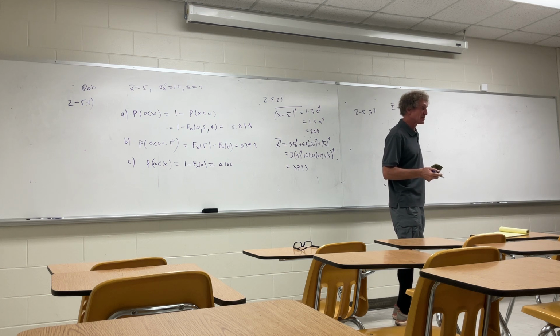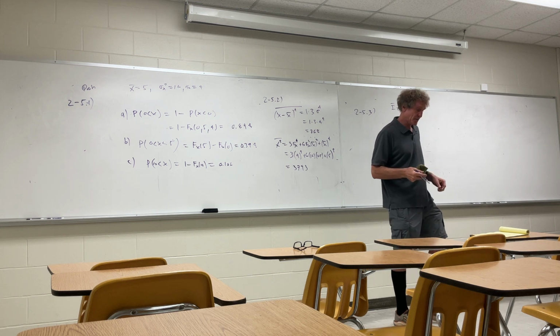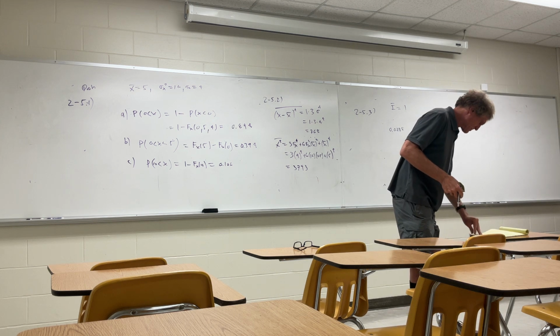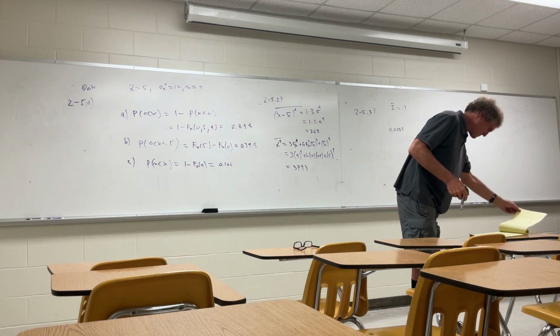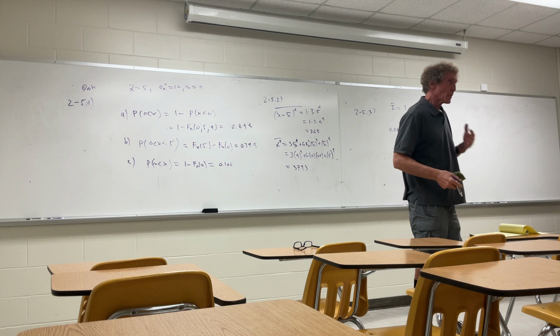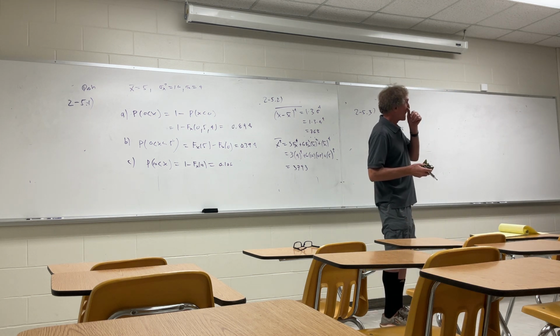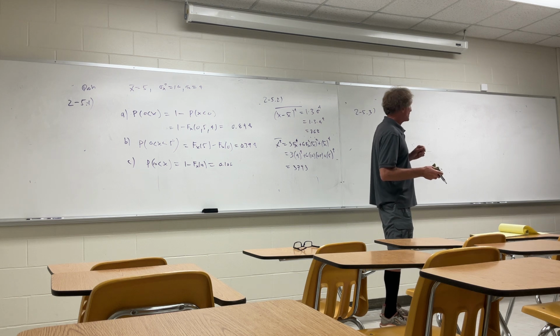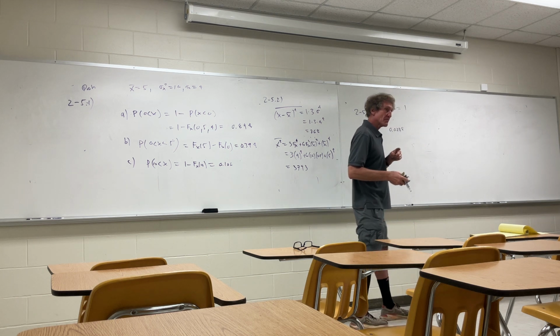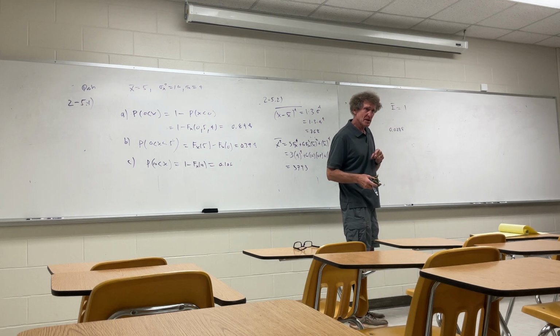You can do it on tables, but here's how I think I did this one. What I'm doing is something, they're saying that's the probability of having a value greater than 5, did you say? Yes.